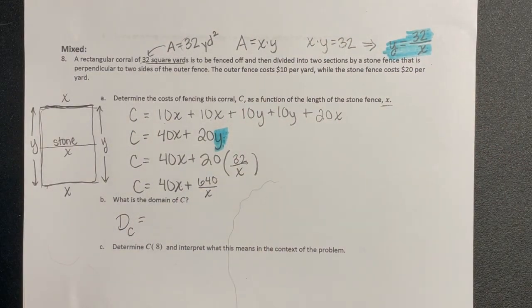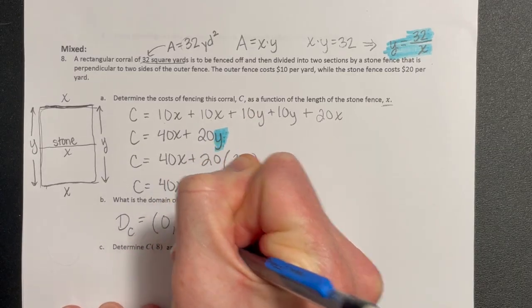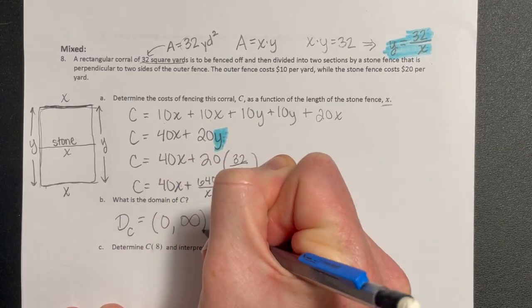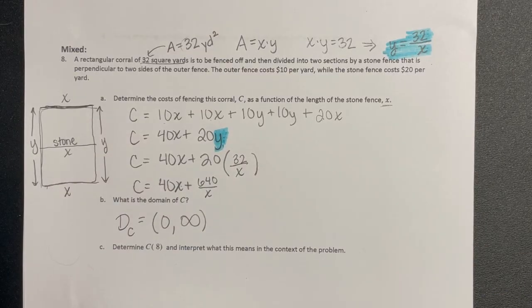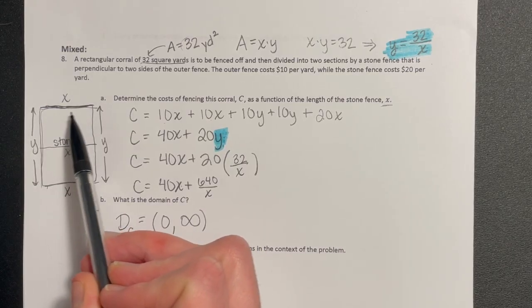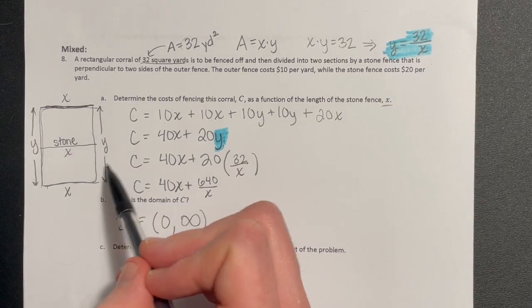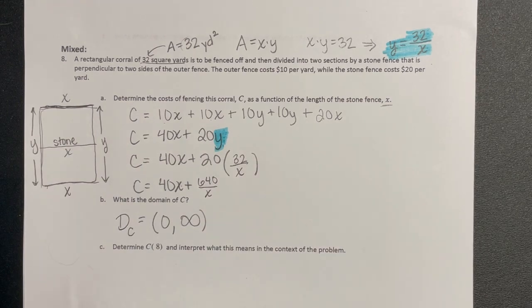And so really there is only one limitation to x, that it has to be some value bigger than 0. We wouldn't be able to have a negative x because then you wouldn't have a side here. So as long as x is some positive number, we can find a y that works with this.